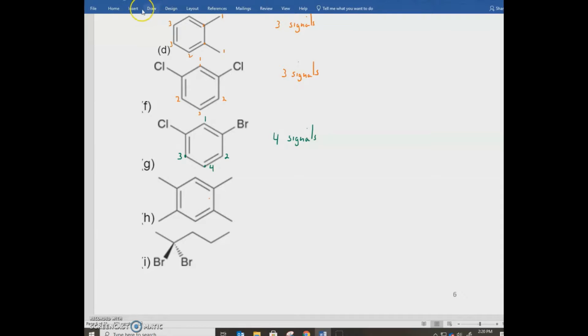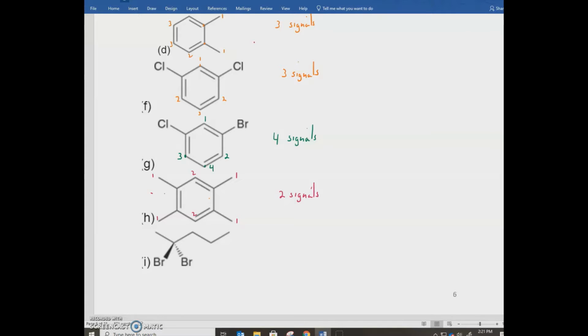So let's change color again. So the methyl groups here are all identical. So they will give off a single signal. There'll be just 1 signal. And there'll be a signal from those. So this one will only have 2 signals.